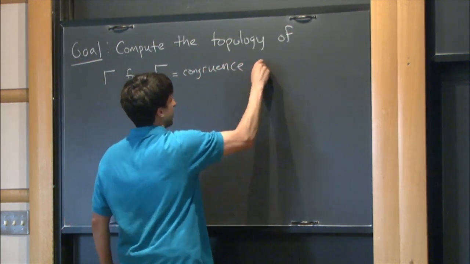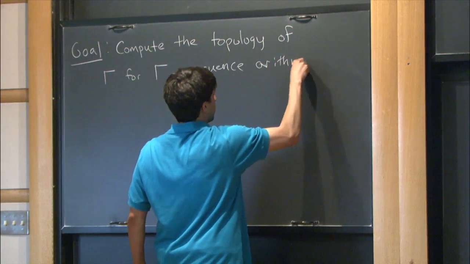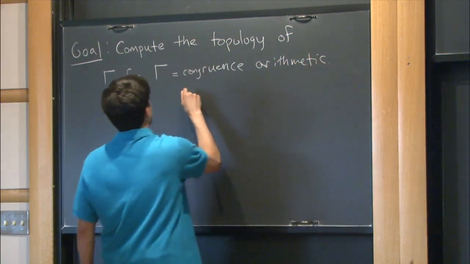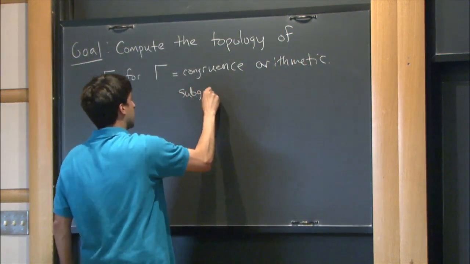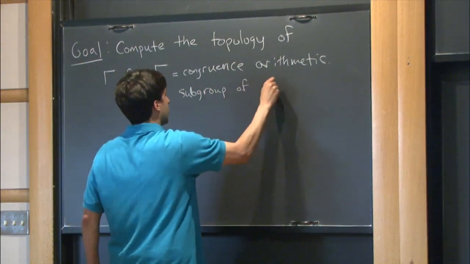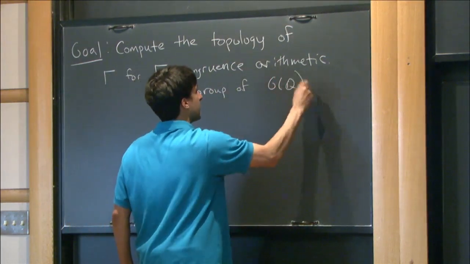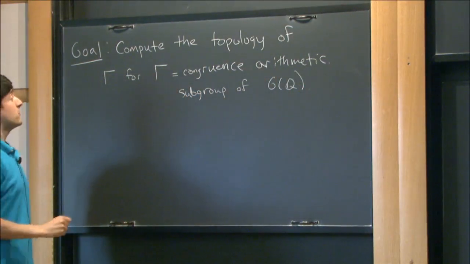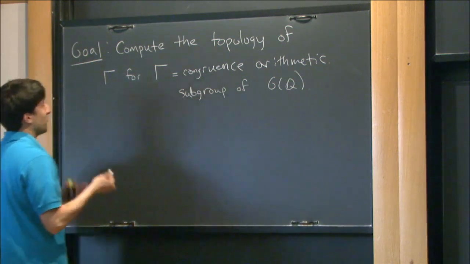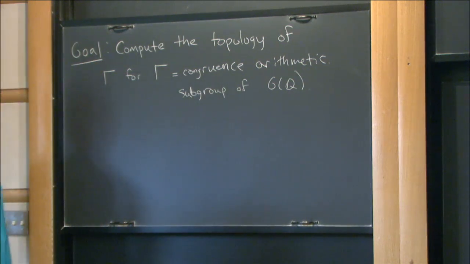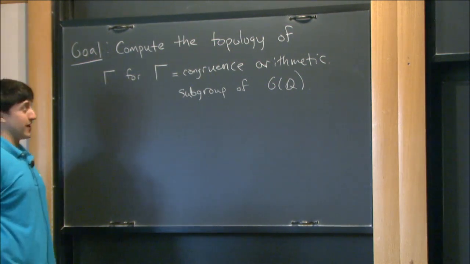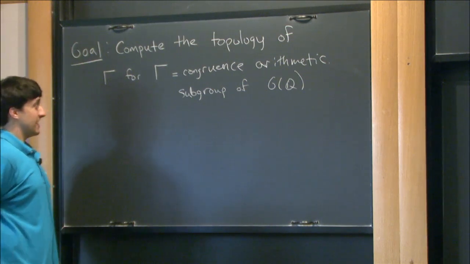Gamma is going to be some congruence arithmetic subgroup of G of Q. So a perfectly good example would be the set of 4x4 matrices of determinant 1 that are congruent to 1 modulo 17.